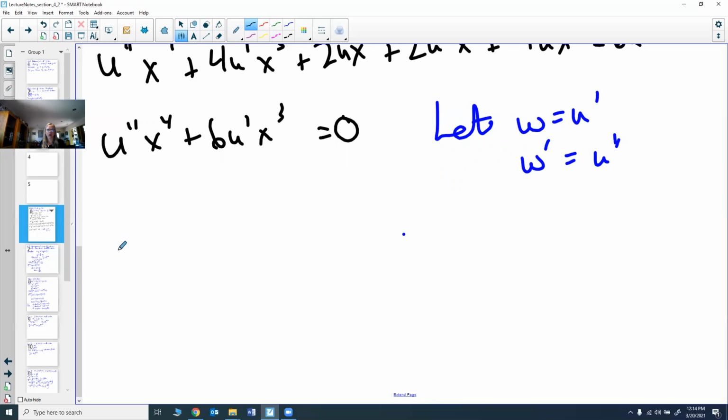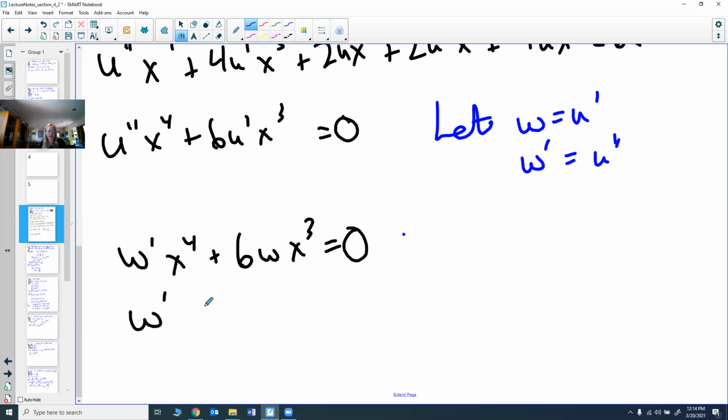We now have w prime times x to the fourth plus 6 times w times x cubed equals 0. And so when I look at this, I see that I have, again, a linear equation. I'm going to divide through by x to the fourth. I am assuming that x is not 0 here. So I have w prime plus 6x to the minus 1 times w is equal to 0.